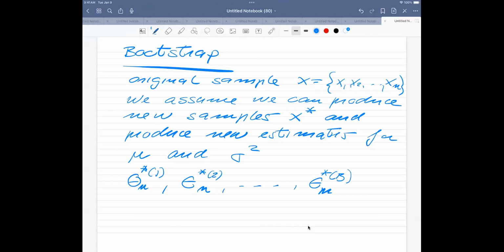Then each one of these, a theta of n of i, is going to be equal to 1 over n, where I now have a sum over j equal 1 up to n of a new resampled data. So i here stands for the sampling which I made.